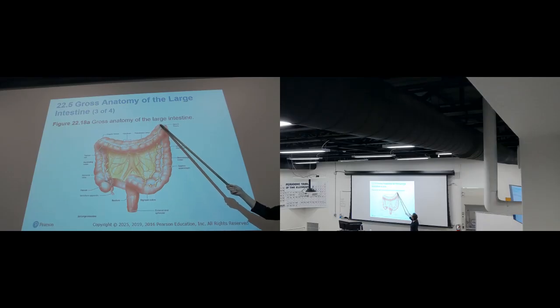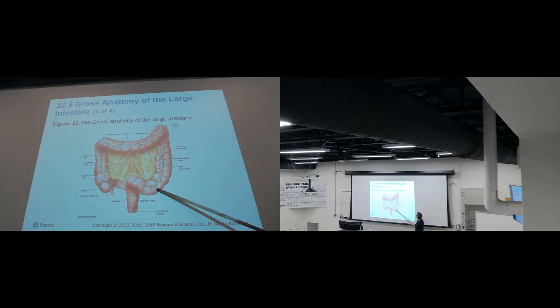And then at the end of this transverse colon, you have a downturn, which is called the splenic flexure. And then you have the descending colon, and then an S-shaped turn, which is called sigmoid, and then you have the rectum and the anus.